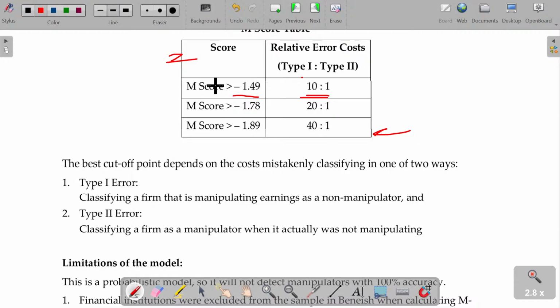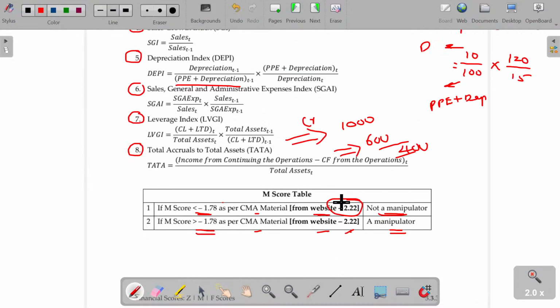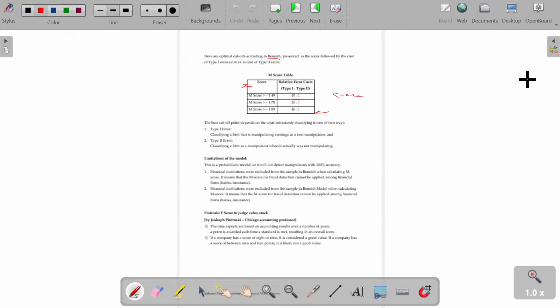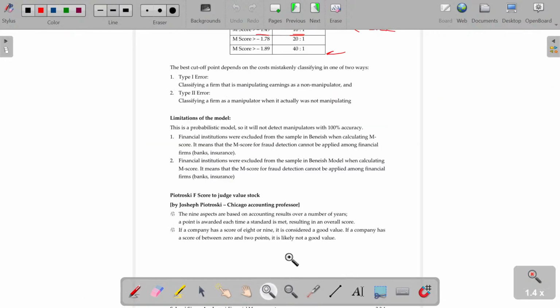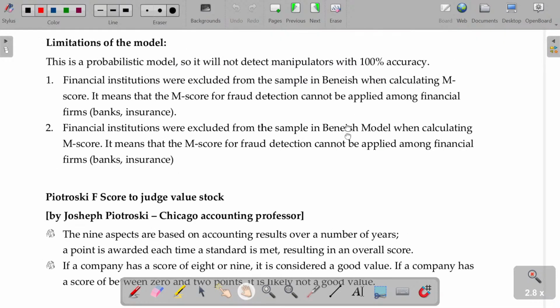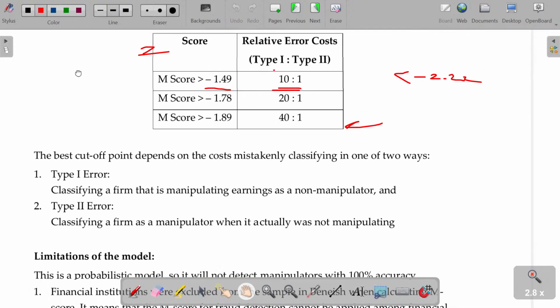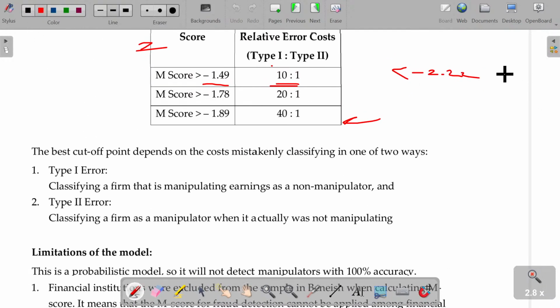See, let me explain what is called type 1 error and type 2 error. Sometimes if one more question is asked, you need to answer, right? You think minus 2.22 and the value is less than this. What does it mean? This is considered as non-manipulator.